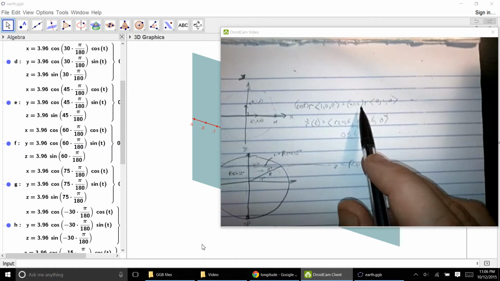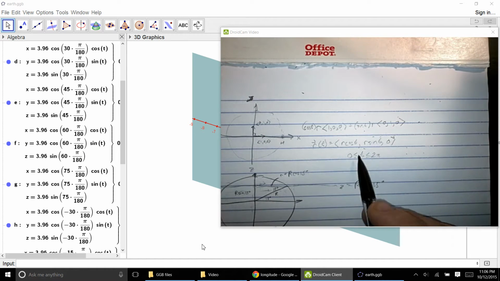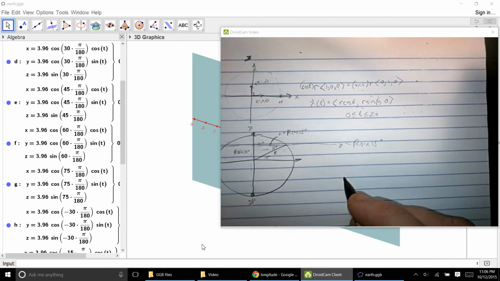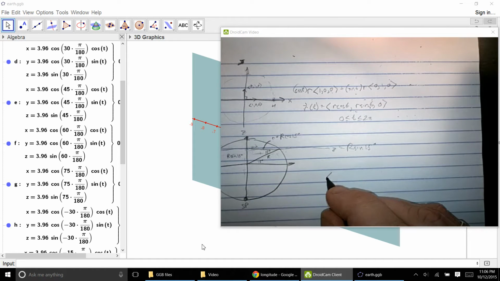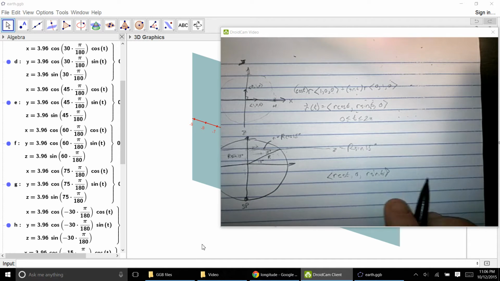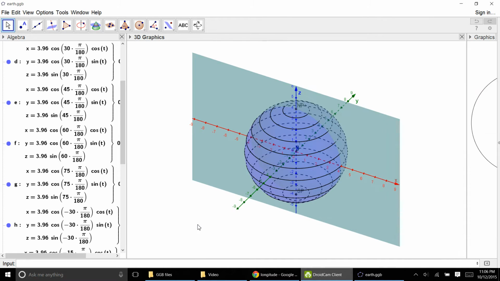So the parameterization that we would get, you would just move this to here. So we want to use r cosine t, 0, r sine t this time. And that ought to do it for that pair of meridians.